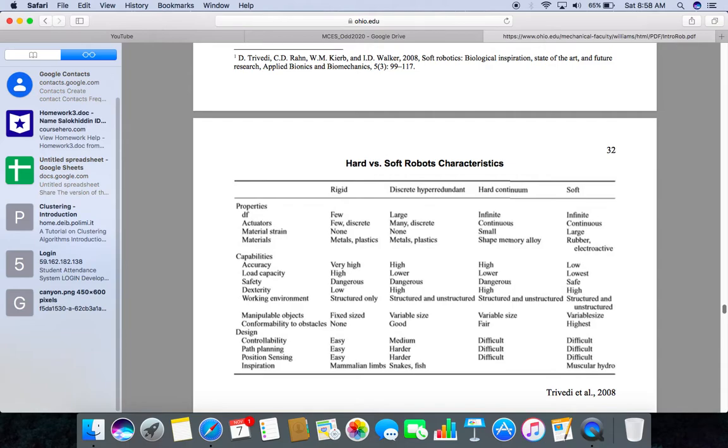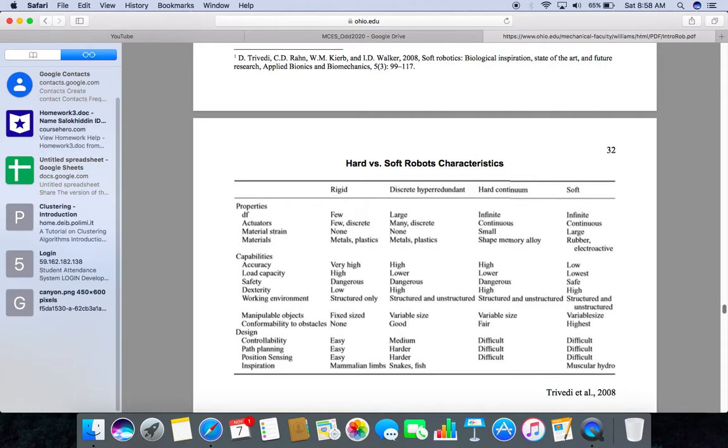The properties are DOF, degrees of freedom, actuators, material strain, materials, capabilities, accuracy, load capability, safety, dexterity, working environment, manipulatable objects, negotiability of obstacles, design, controllability, path planning, position sensing, inspiration.